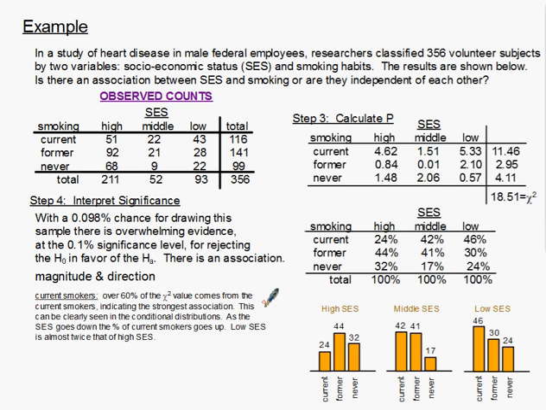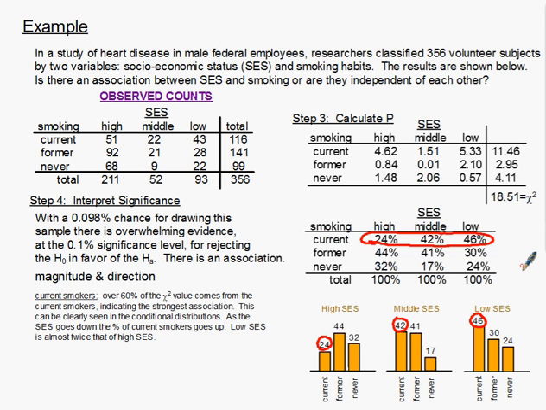As the socioeconomic status goes down, the percent of current smokers goes up. Here's socioeconomic high, middle, low, going down. Current smoker is 24, 42, 46. They're going up as the socioeconomic status goes down. You can also see that in this row right here, same numbers.